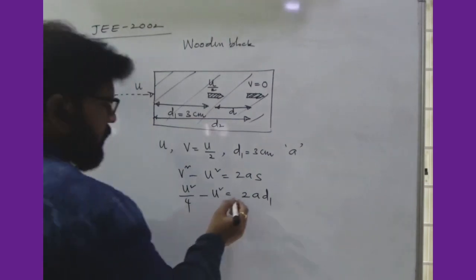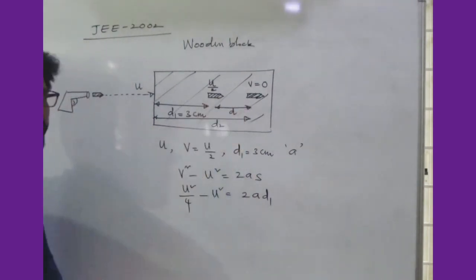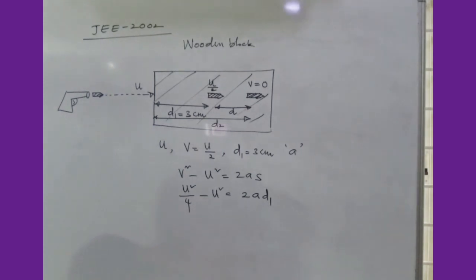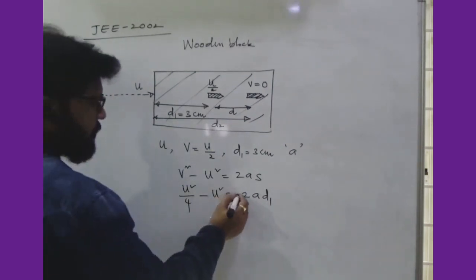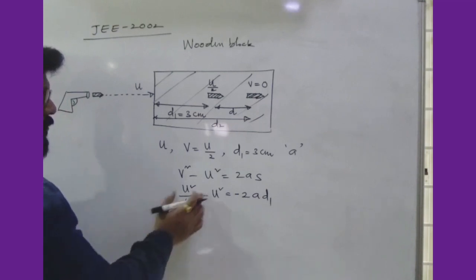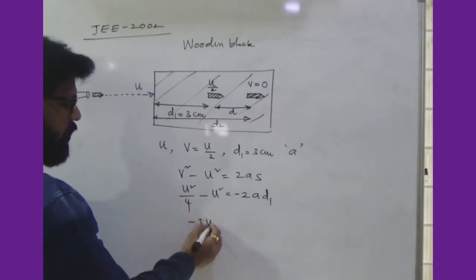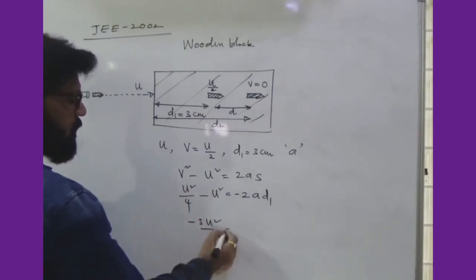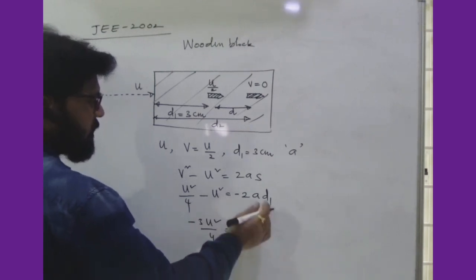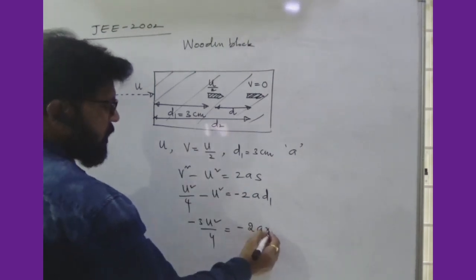That means here, if you take it as decreasing, you can make it a negative sign. There is no problem in that, right? So what I'll get now: u square by 4 minus u square is equal to minus 2 into acceleration into d1, which is 3.